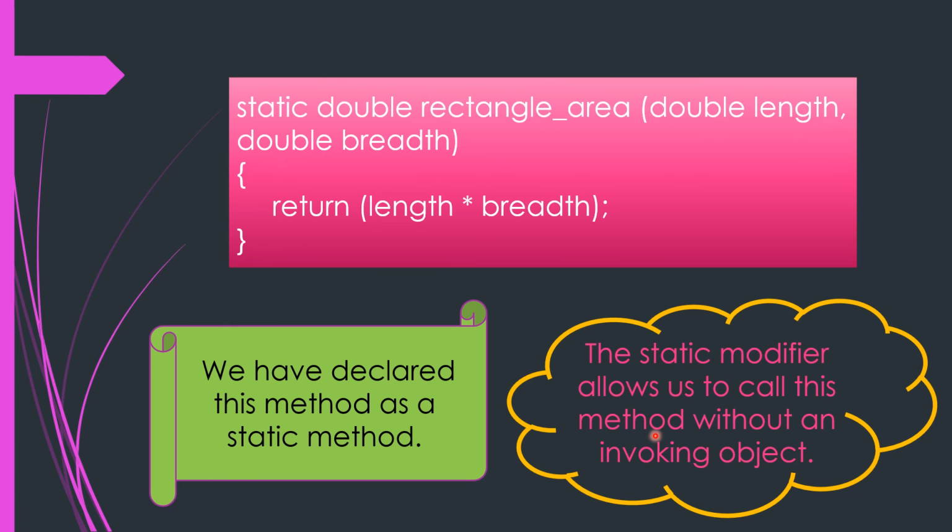What does invoking mean? Invoking means calling. So this is the main purpose of using a static method here, because the static modifier allows us to call the method without an invoking object. And that is why we have used the keyword static here to declare this method as a static method.